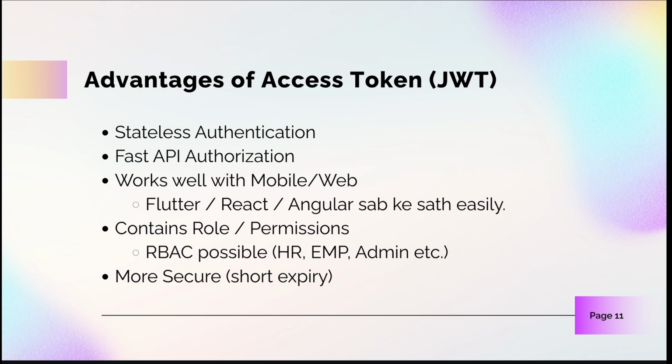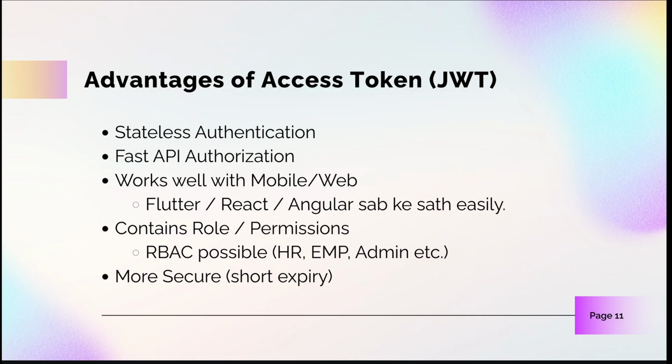So what are the advantages of the access token and JWT? As I said, it is stateless, because the data is not stored inside the server; the token stores the data itself. Then there is fast API authorization. With the help of the token only, we don't have to enter login credentials again and again; with the access token we can access all the APIs.